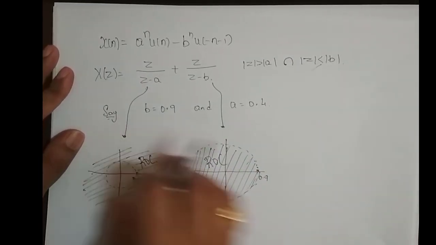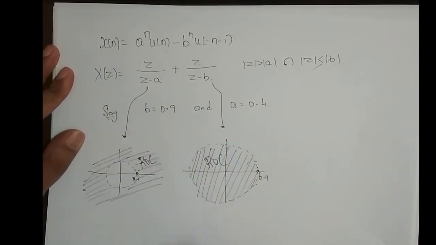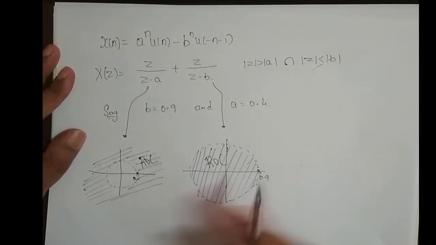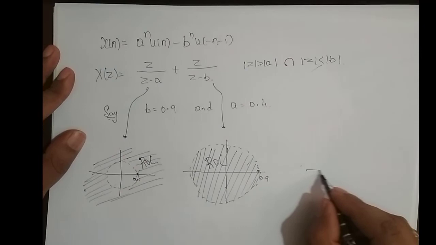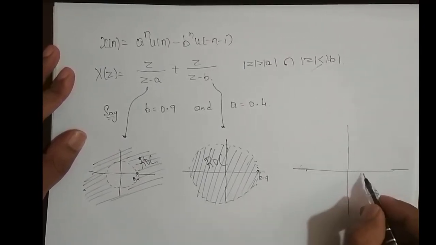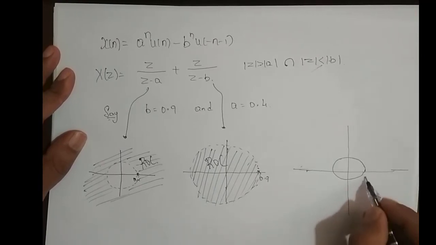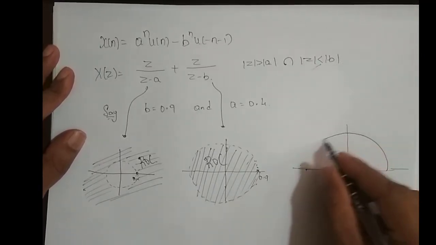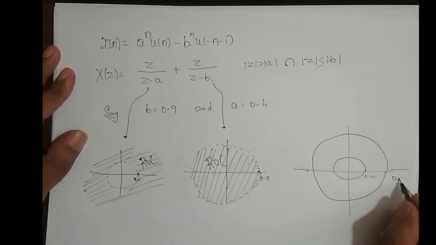Whenever I intersect these two, what do I get? If I just overlap these two in a single plane, I have to get the intersection, right? This is the circle of radius 0.4 and this is the circle of radius 0.9.